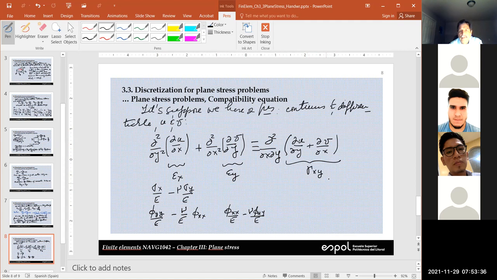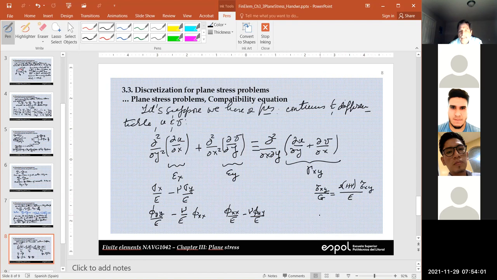And this one here is going to be phi xy, tau xy with respect to G. And G is going to be equal to E over 2(1 plus nu) tau xy.